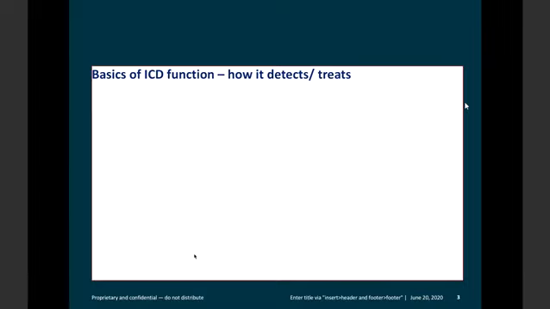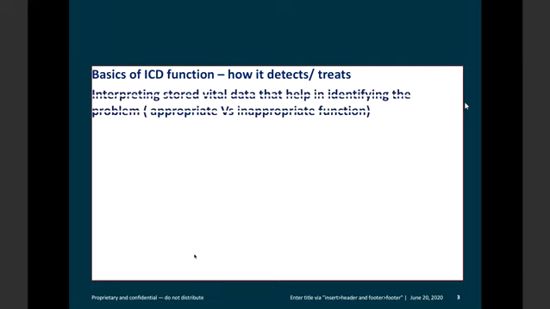So in the next 45 to 50 minutes, we will briefly touch upon the basics of ICD function, how it works in terms of detecting a ventricular arrhythmia, how it treats a ventricular arrhythmia, and how we interpret stored vital data which are stored in the device itself that will help in identifying the problem.